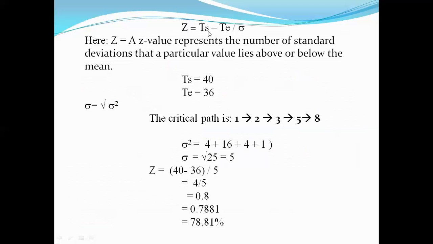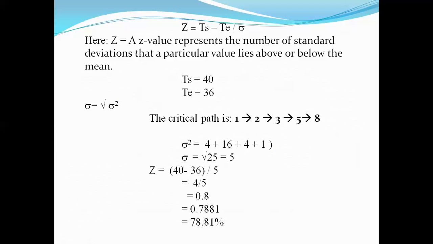TS is the scheduled time, TE is the expected time, and sigma is the standard deviation. Z is the number of standard deviations that a particular value lies above or below the mean.